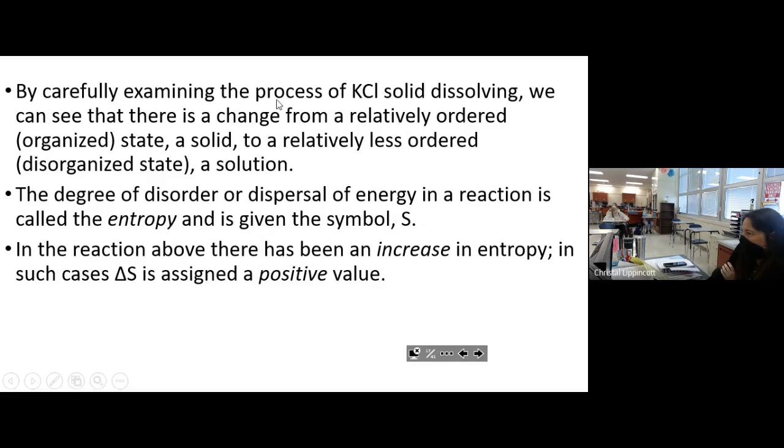We can see that when we dissolve this, okay, we're changing it from a relatively ordered state, that's your solid, into a less ordered state as a solution. So that's showing that we're increasing entropy. Our entropy is positive here.